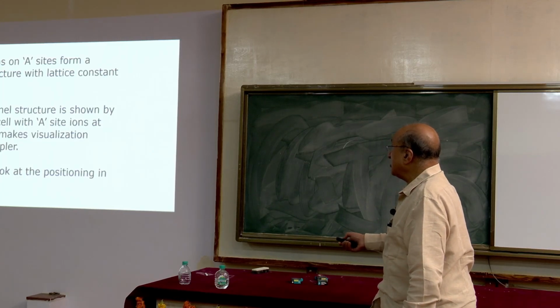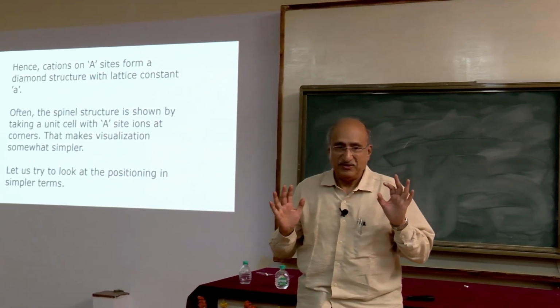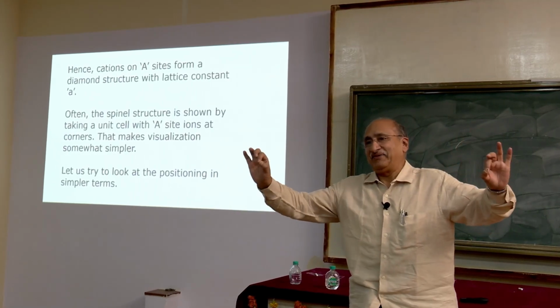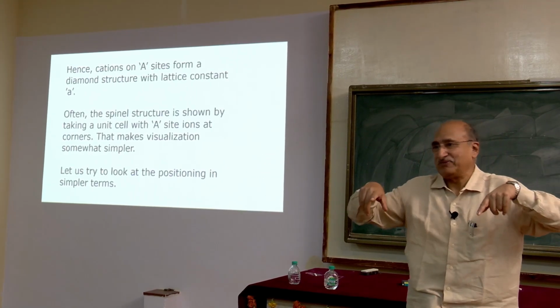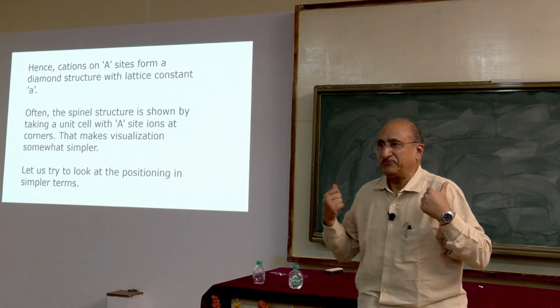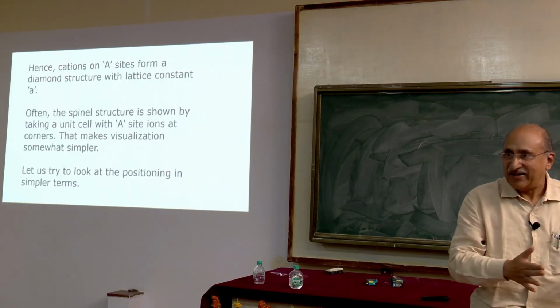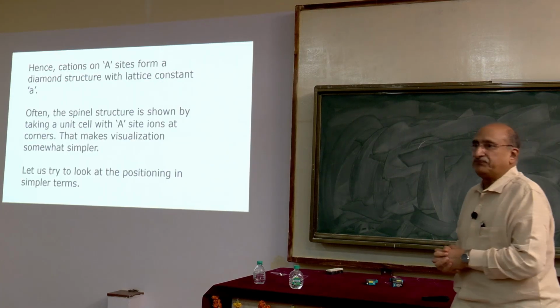Often the spinel structure is shown by taking a unit cell with A. This is what most of the textbooks will give you. They will take a unit cell of A and show other sites. They find it much more convenient. I am taking a unit cell of oxygen ions because that translates better into lattice and basis.